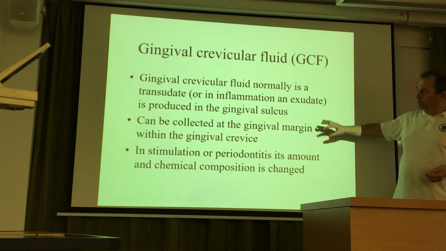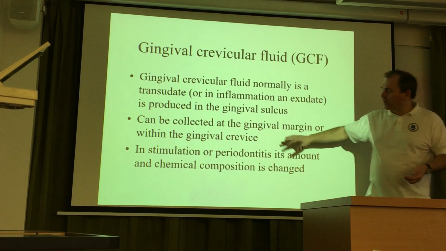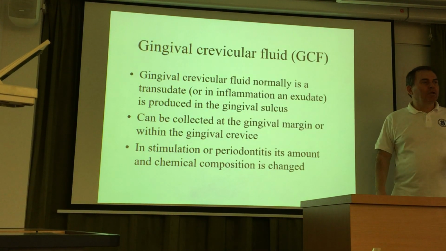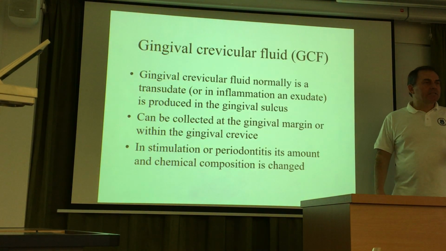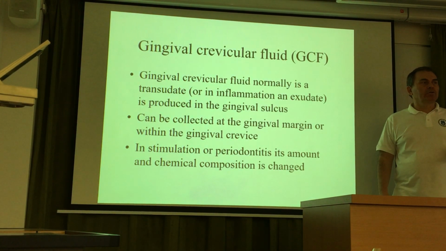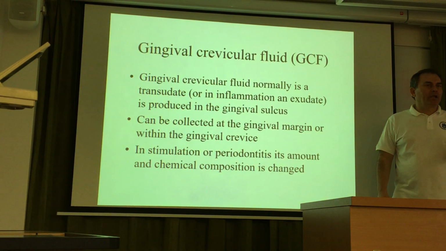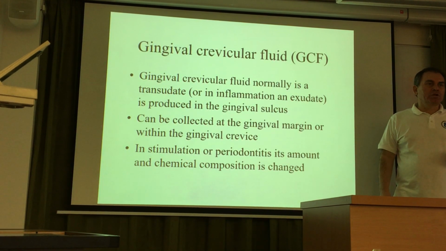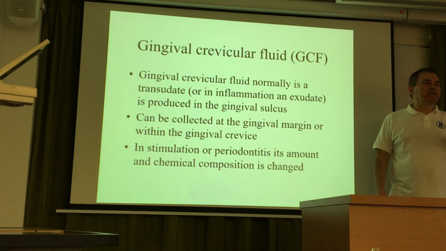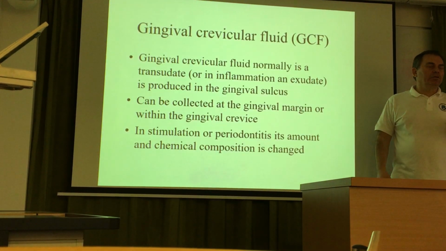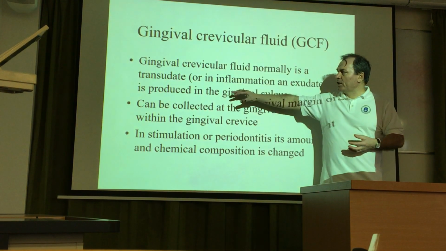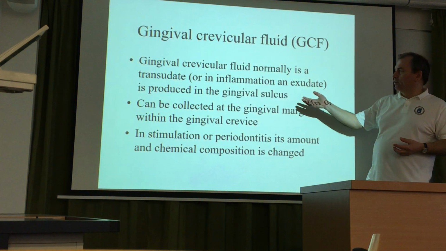So you can collect fluid, and you can measure the amount of the fluid, because in a healthy normal situation less gingival fluid is produced, but when you have inflamed gingival tissues, the production of the gingival crevicular fluid is increased significantly, and the content is changed, because transudate is different than exudate.